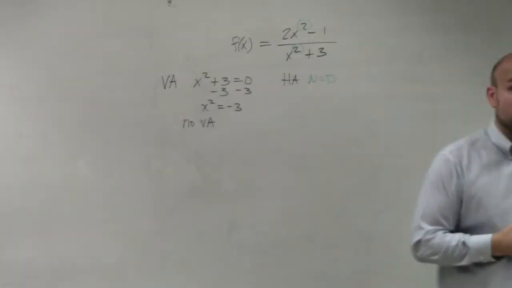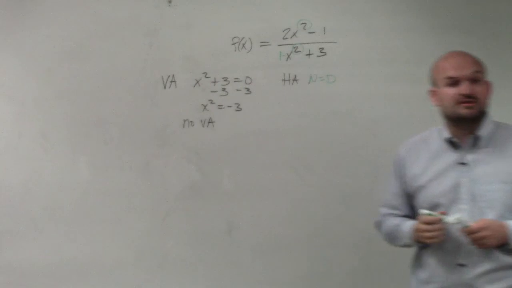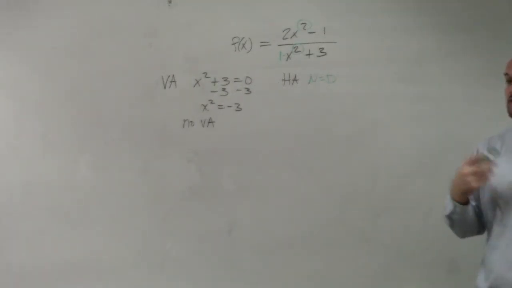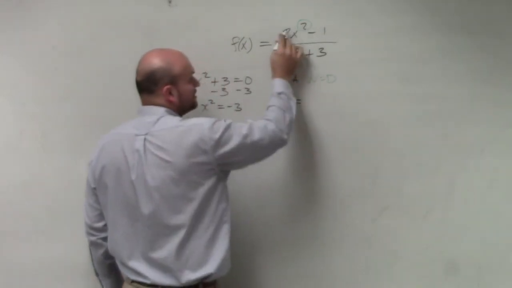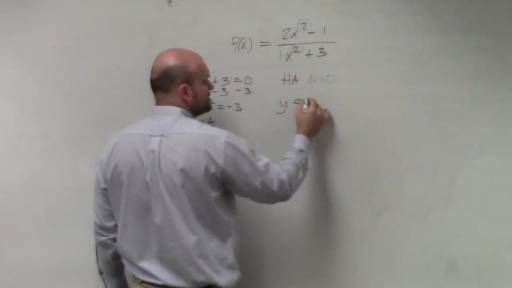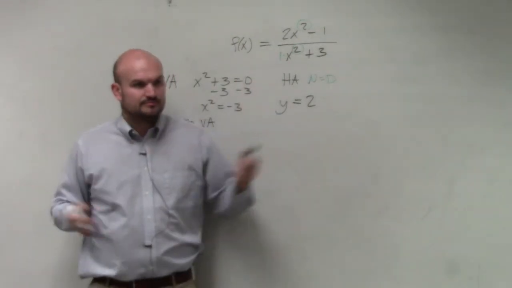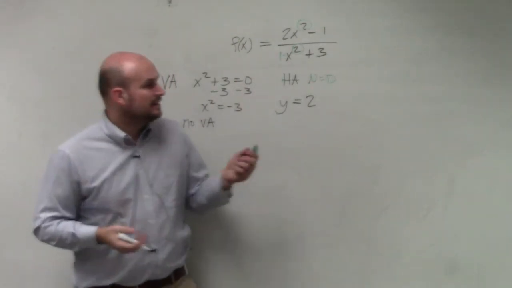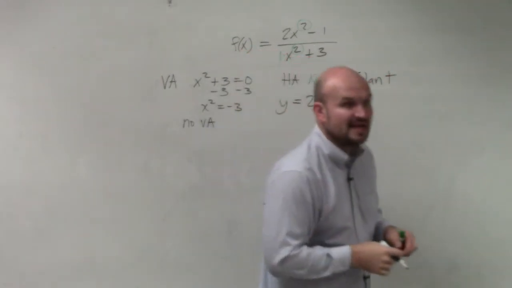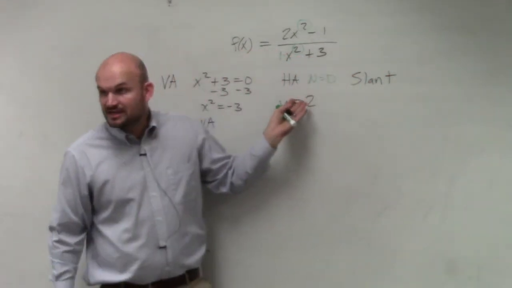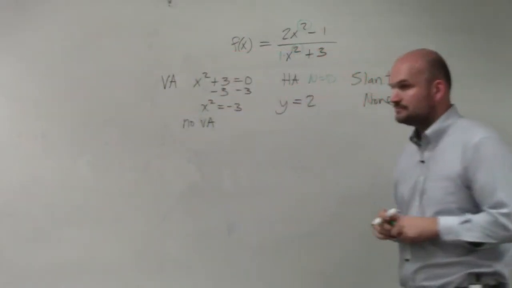And remember, in your notes, which we covered from the first chapter, when the degrees are exactly the same, you have the equation y equals leading coefficient over leading coefficient, which is just 2, because 2 over 1 is 2. And in this case, there is no slant asymptote, because a slant asymptote only occurs when there's no horizontal asymptote. So we would just write none.